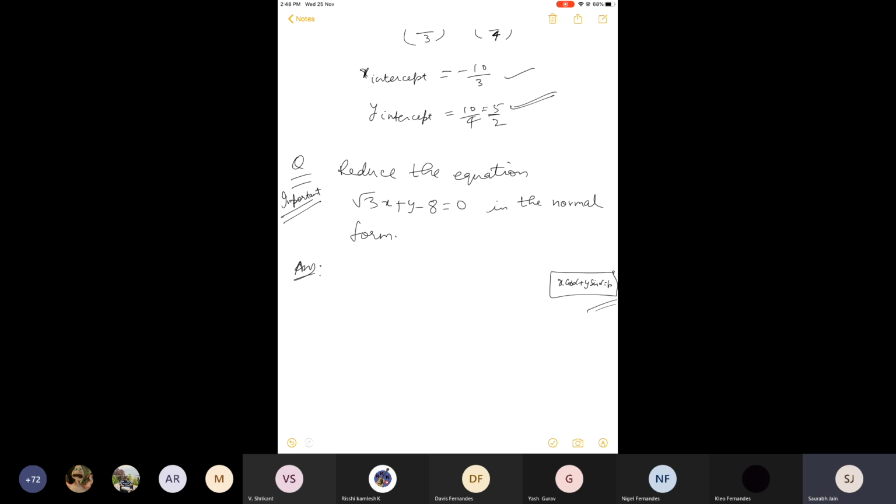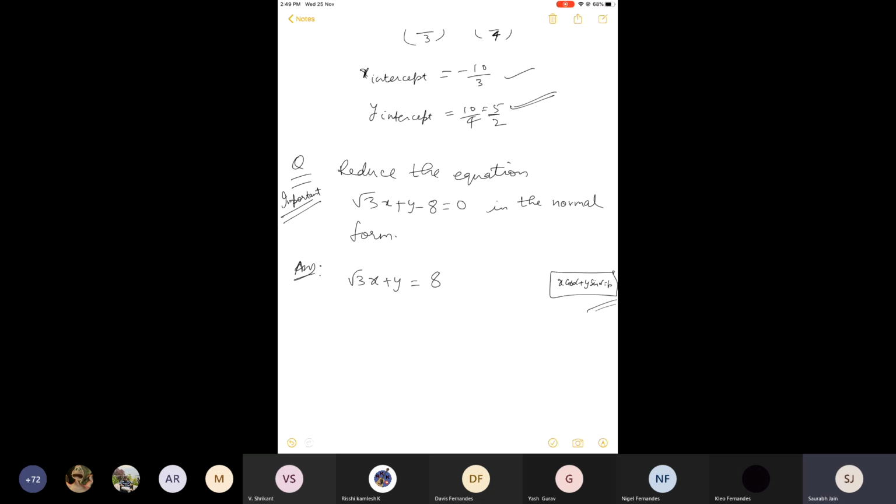The first thing that we will do in this particular question, where you are changing the general form into the normal form, is to shift the constant to the right hand side and make sure that it is positive. Like suppose if the equation was root 3x plus y plus 8 is equal to 0, then when you shift it to the right hand side, it would have become -8.